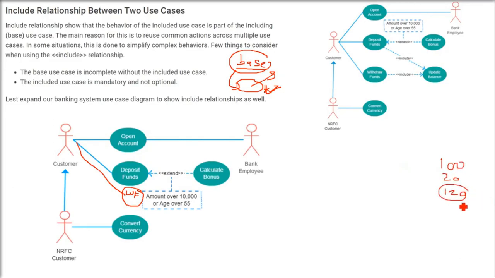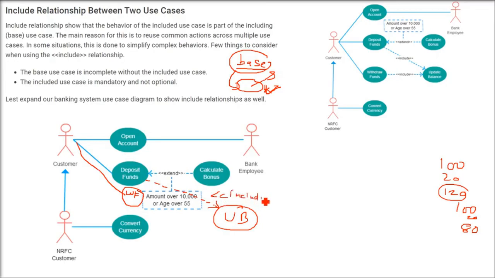If you have 100 and you add 20, you have to have 120. If you have 100 and you subtract 20, you took out 20, so you have to have 80. This is optionless. You have to do it in any case. This deduction and update has to be done. So this is mandatory. This is an include relationship. It has to be called every time you deposit funds. There is no option here.